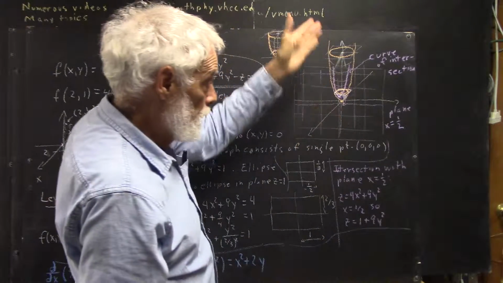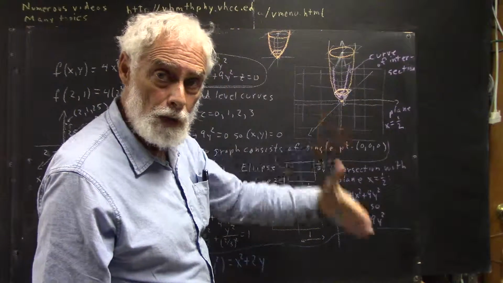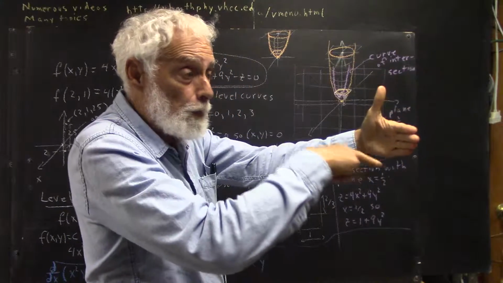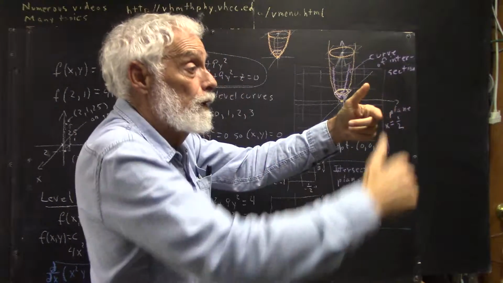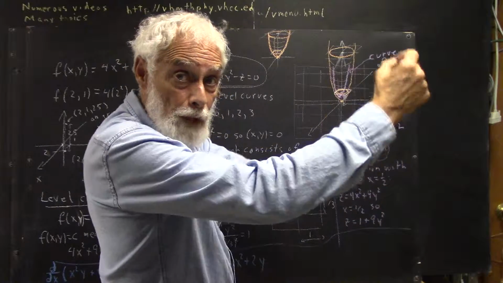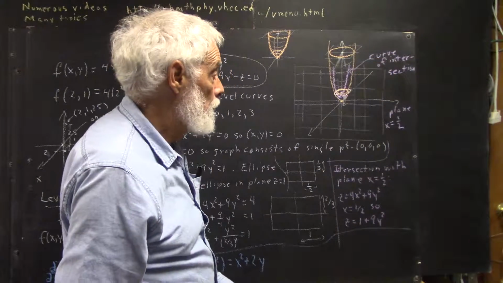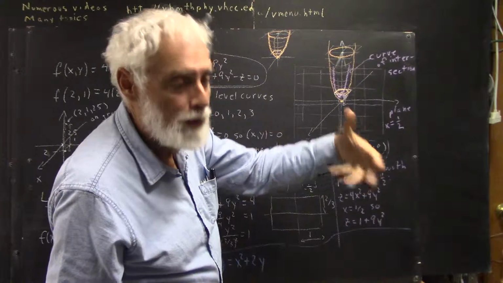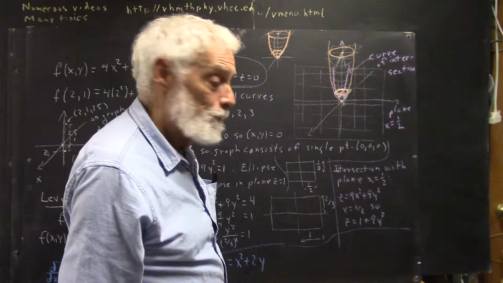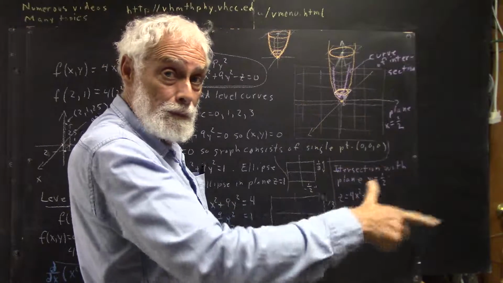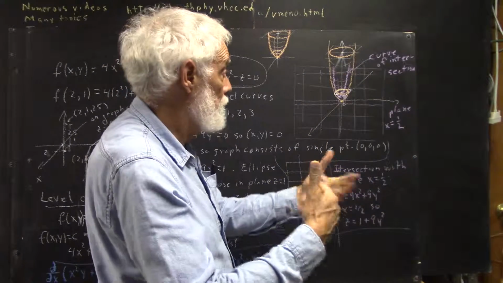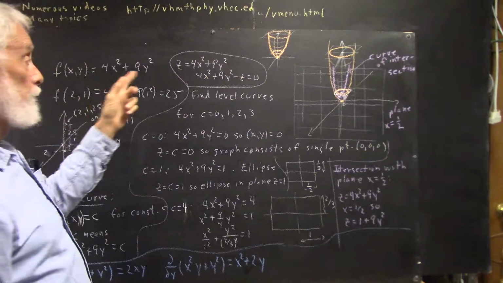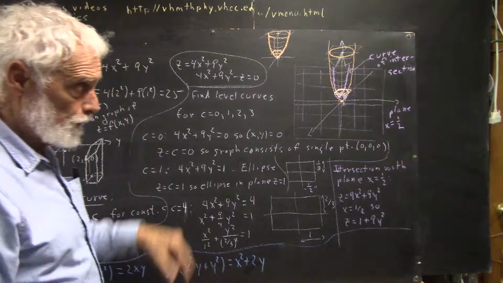Now we slice parallel to the xy plane, and we get another parabola that intersects this parabola at the point 1/2, 1, 10. And that parabola has maybe a little different shape. It's not stretched as much because the coefficient of x is less than the coefficient of y, and you can work out the details of that.